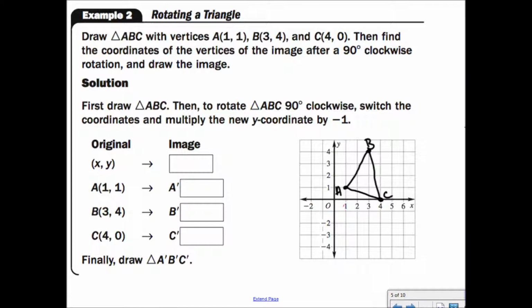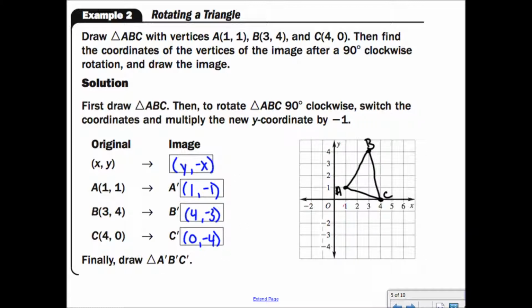So we have drawn triangle ABC, and we are going to rotate it 90 degrees clockwise. We will switch the coordinates and multiply the new y coordinate by a -1. So 1, 1 becomes 1, -1. 3, 4 becomes 4, negative 3, and 4, 0 becomes 0, negative 4.